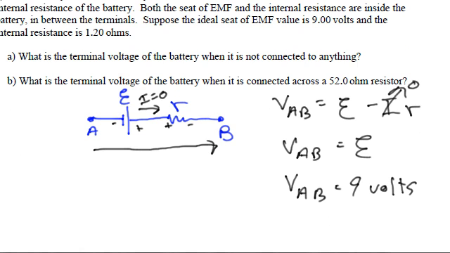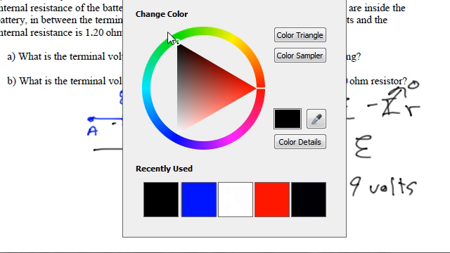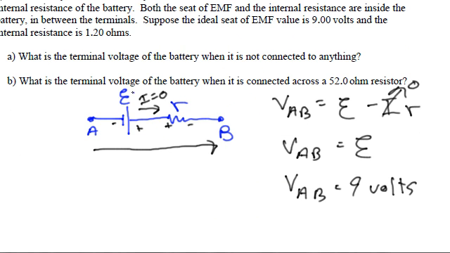Should probably put that in here as well. Equals 9 volts, and r was equal to 1.20 ohms. Alright, that takes care of part A.